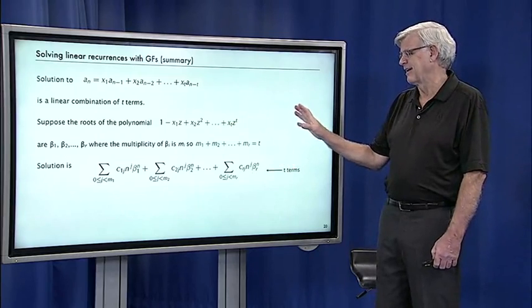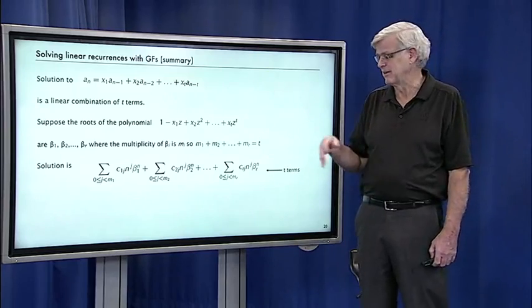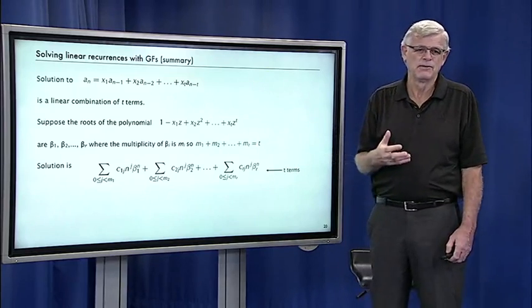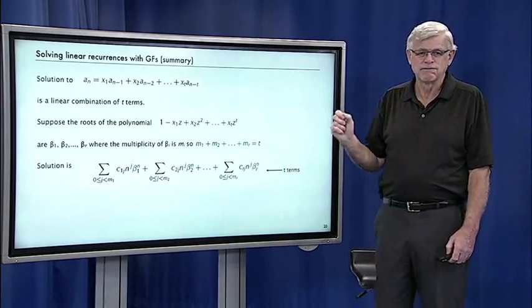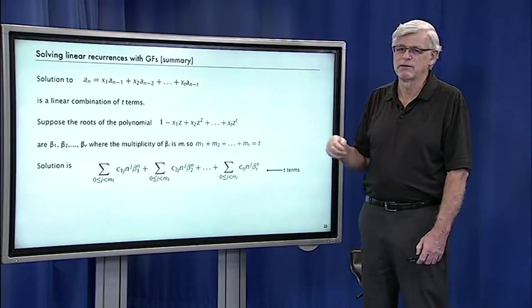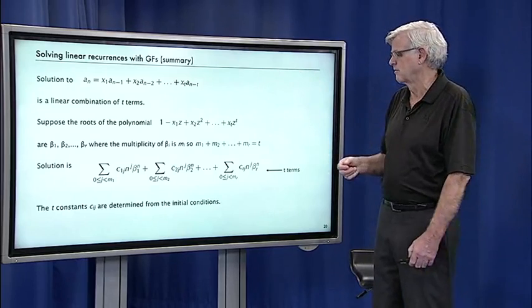And again, I'm not expecting people to follow really every detail of this, but you can get the idea that we can actually write down a full solution to a linear recurrence, and generating functions give us this proof.